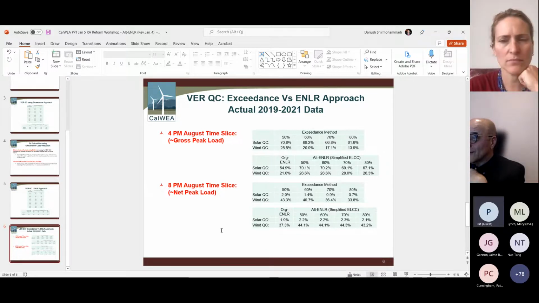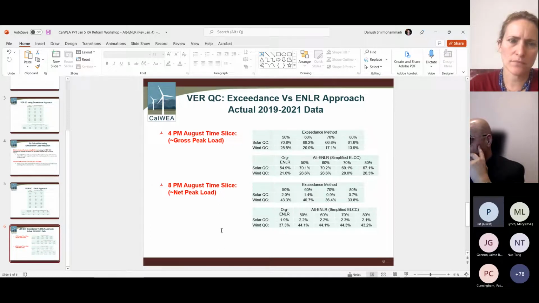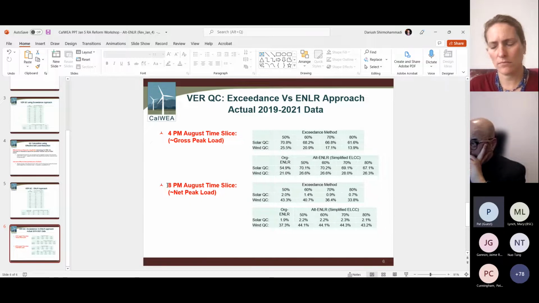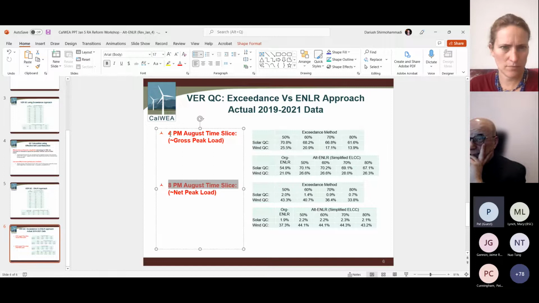Well, the TwoSlice proposal that is being discussed, the way Vistra is describing it, I don't know if that's changed anything. The heavy discounting that they discuss about, these are the numbers I calculate for slice number 2 and slice number 1, the gross peak load and net peak load.